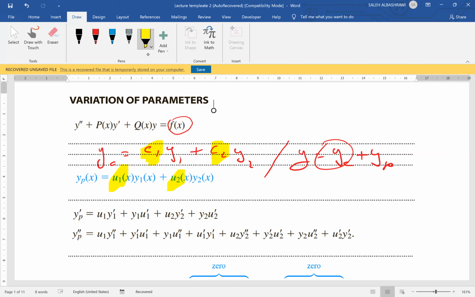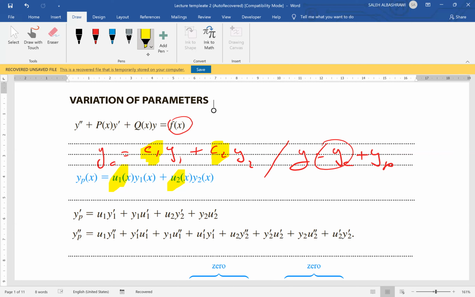Simplify it. I will have e to the power x multiplied by sine of e to the power x. If we integrate this to find u1, the integration of e to the power x sine e to the power x dx will give me minus cosine of e to the power x. This is u1.